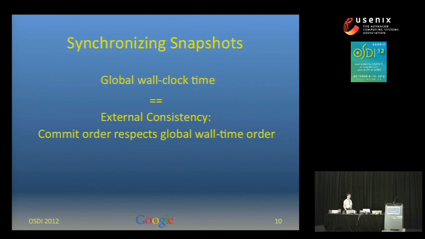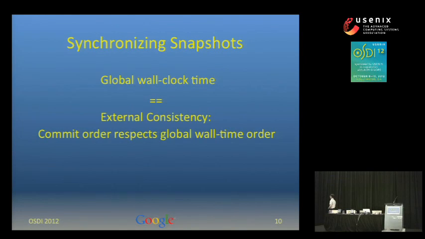And I'll repeat what external consistency means. It means the commit order in which transactions appear to have executed is equivalent to the order in which users can see the transactions executed. So concurrency control, when it satisfies this property, guarantees that users will see something consistent with what they observed.